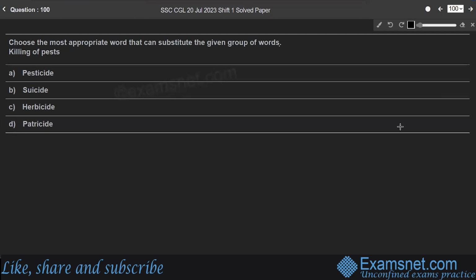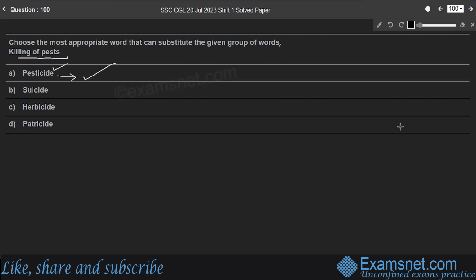Question 100. Choose the most appropriate word that can substitute the given group of words. Killing of pests is called pesticide. Pesticides are chemical substances that are meant to kill pests.